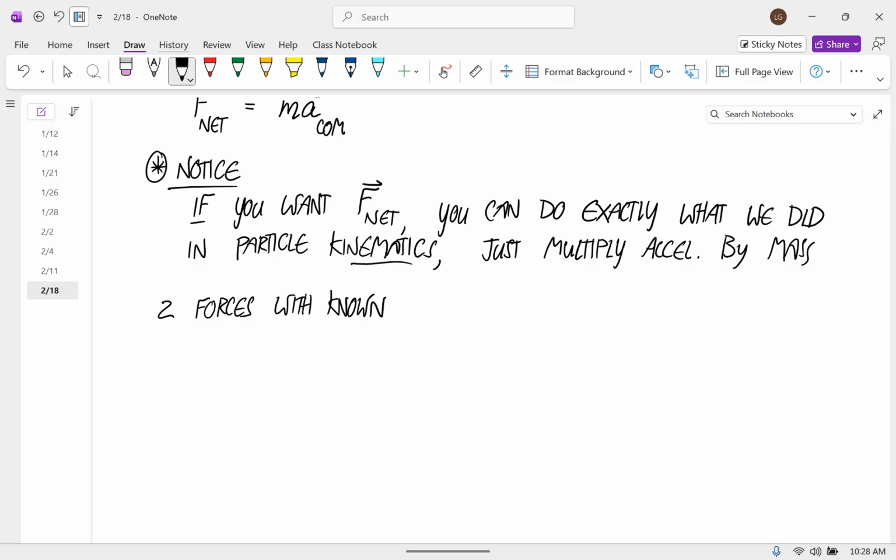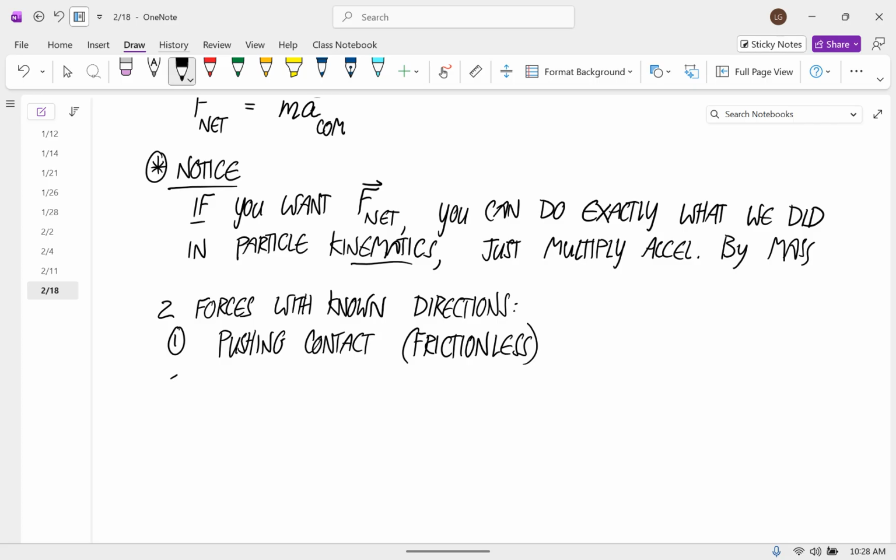Contact forces. Those are pushing contact. And this is when we're ignoring any friction on the push, so frictionless. And then the second one is pulling contact, and we'll always think of that as happening with cables.